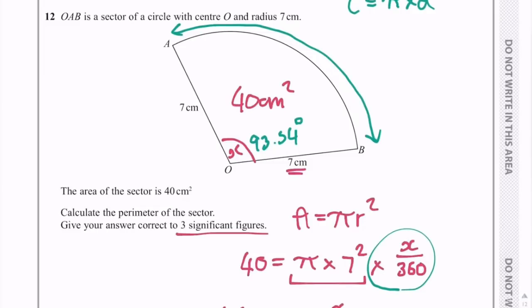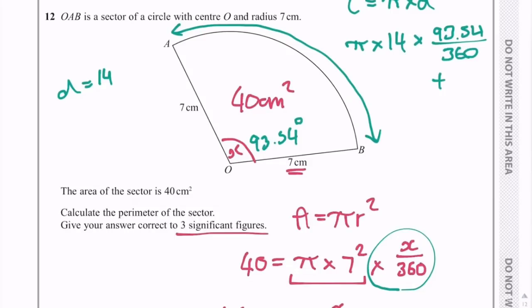So to find the length of that arc, we'll do pi times the diameter, which is 7 add 7. So the diameter I'm going to write over here is 14. So pi times 14 multiplied by 93.54 out of 360, the fraction of the circle that we're actually looking at. And then we're going to add 14 to that. So typing all this in, pi times 14 times 93.54 over 360, add 14, the two lengths of the radius here.